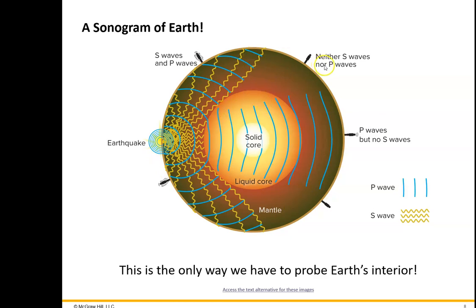We have hundreds of thousands, perhaps. I don't even know how many we have. So we have this data from all over the planet for many decades, and so we have formed this picture of what's going on in the interior of the Earth. This did not happen overnight. It took a long time for humanity to figure this out.